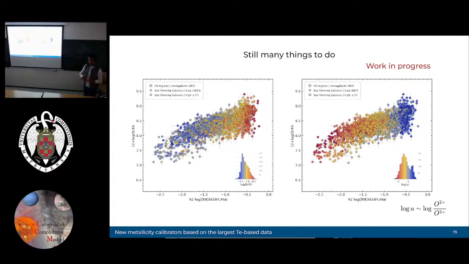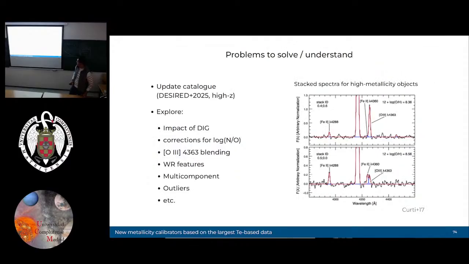So you have some sort of effect, but not really the dispersion. It's something that you expect, this trend. But can you give us a calibration that is sort of less affected, or corrected somehow, by the ionization parameter? Because those are the type of calibrations I like to use. This is paper 2.